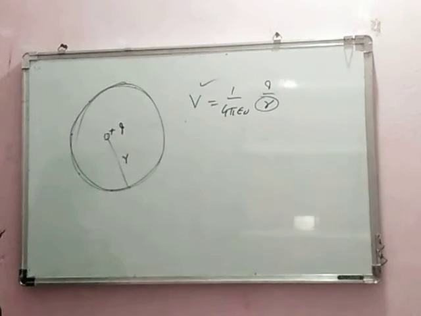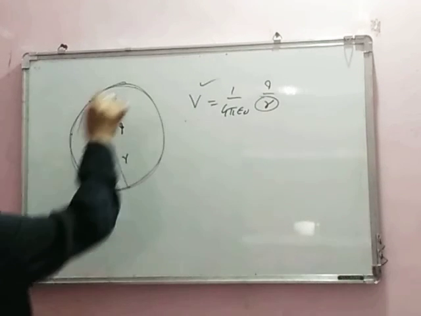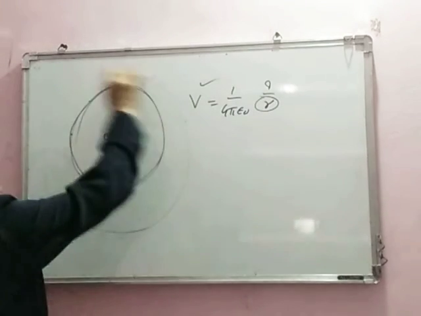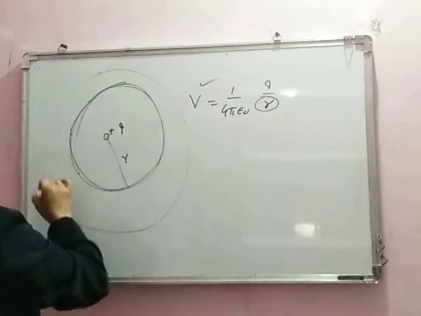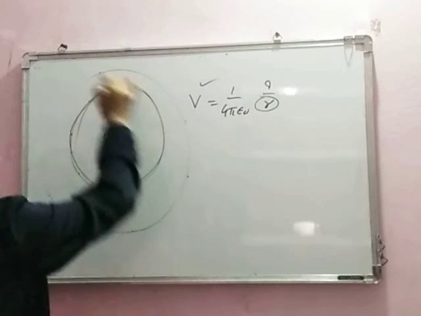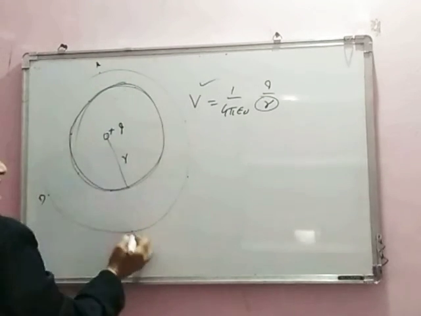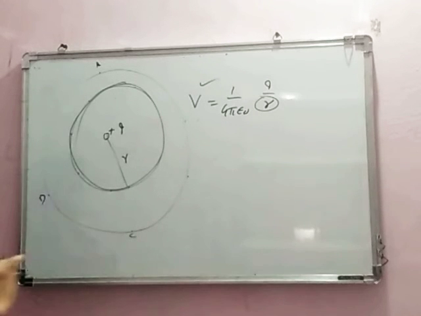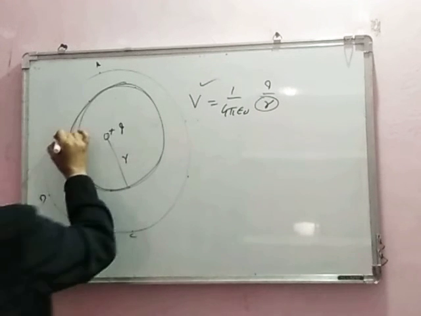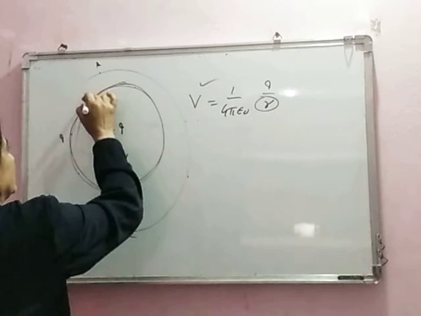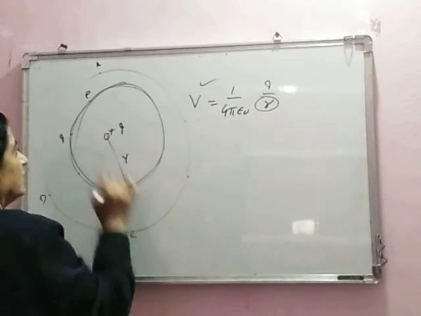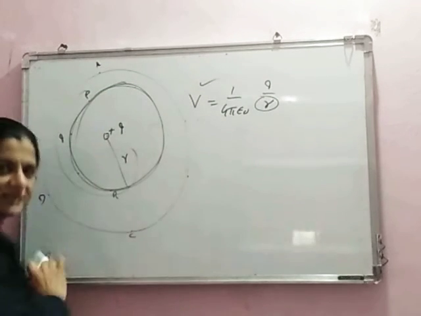Okay, म्हणजे सिलेंड्रिकल असा, if you measure the potential at any point, म्हणजे A, B, C, in any point, we get the same equal potential. If you measure the potential at P, Q and R, the potential will be same.